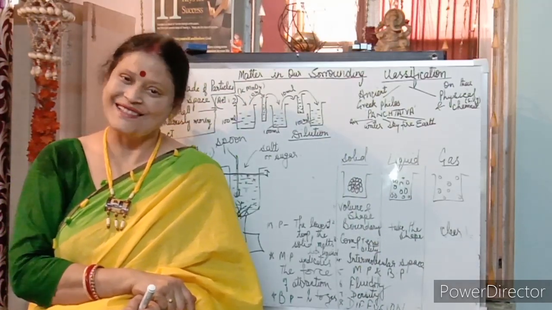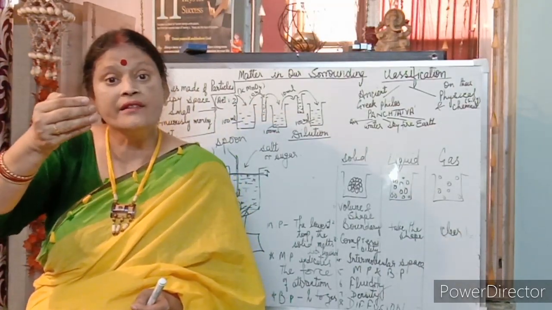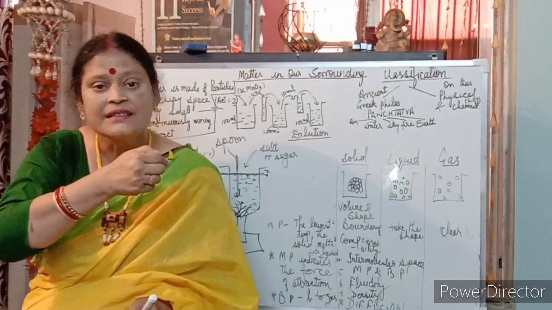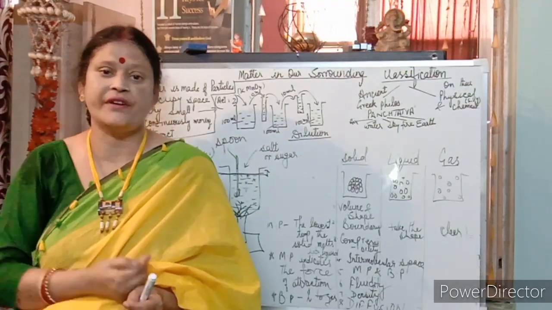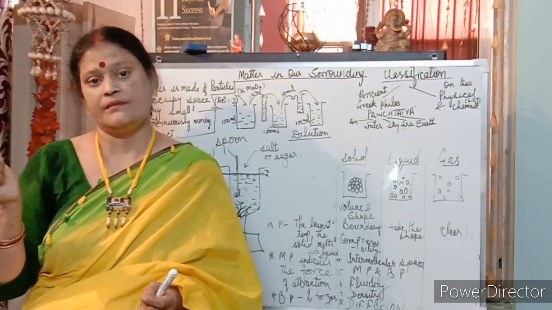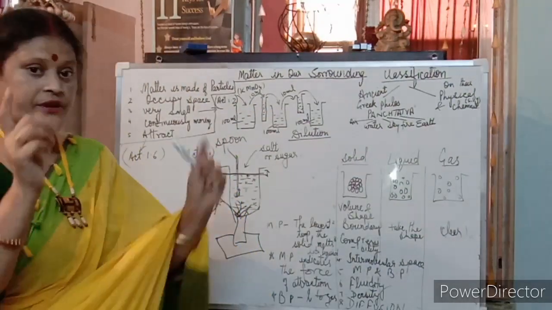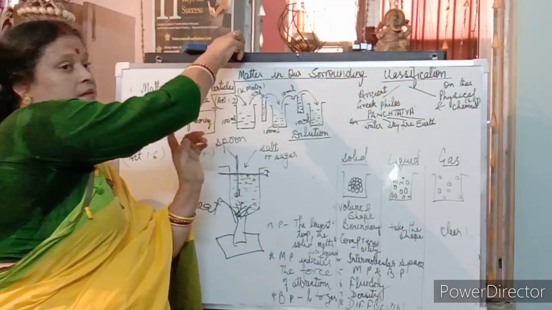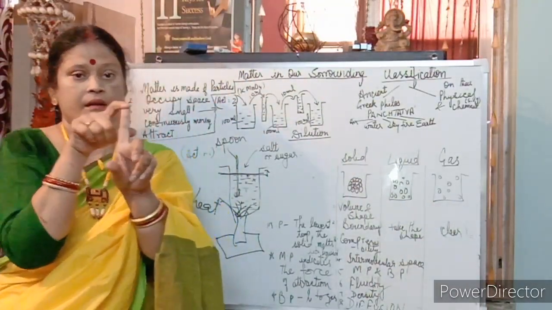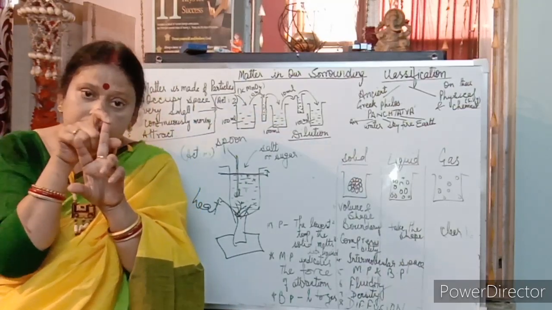Yes, students? Clear? So these are the conceptual study. You are now in an advanced class, that means you have entered the senior section. Whatever you are understanding should be conceptual. Clear? Now the points. What is the first point? Matter is made up of particles.